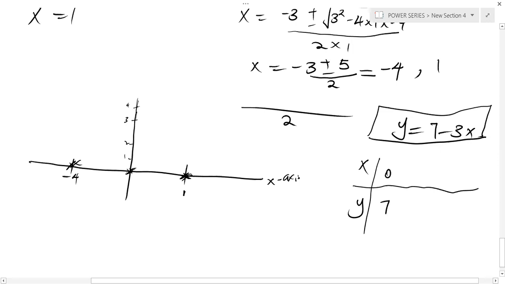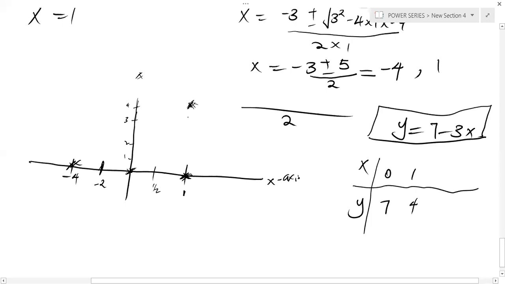So at x is 0, y is somewhere at 7 there. Now, let's get a point in between here, let's say minus 2. And we can also have a point at x is equal to 1, because we know at this point they are meeting. At x is 1, y will be equal to 4. So our point will be there.